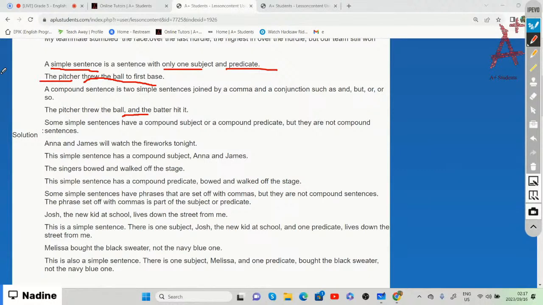So: Anna and James will watch the firework tonight. Which means that Anna and James is the compound subject. Will watch the firework tonight is the predicate.